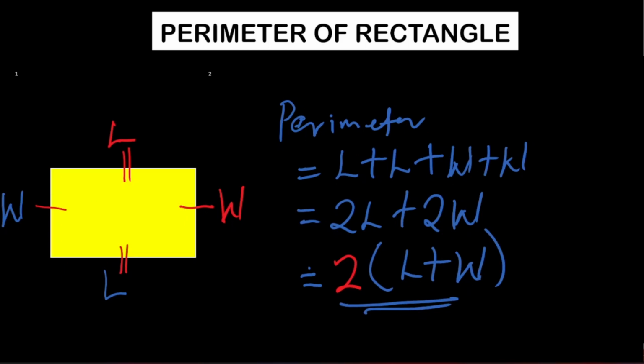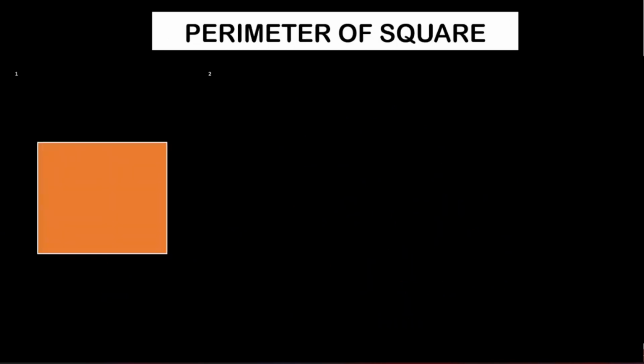So we're going to look at the perimeter of a square now. We looked at the properties of squares as well. All the sides are equal, and all the angles are equal. So we're saying that this side here is equal to this side, is equal to this side, is equal to this side.